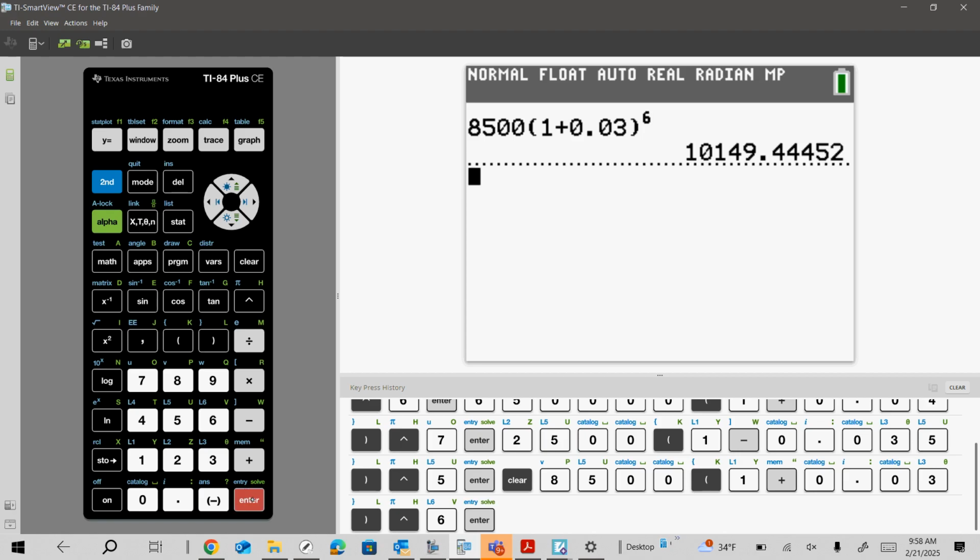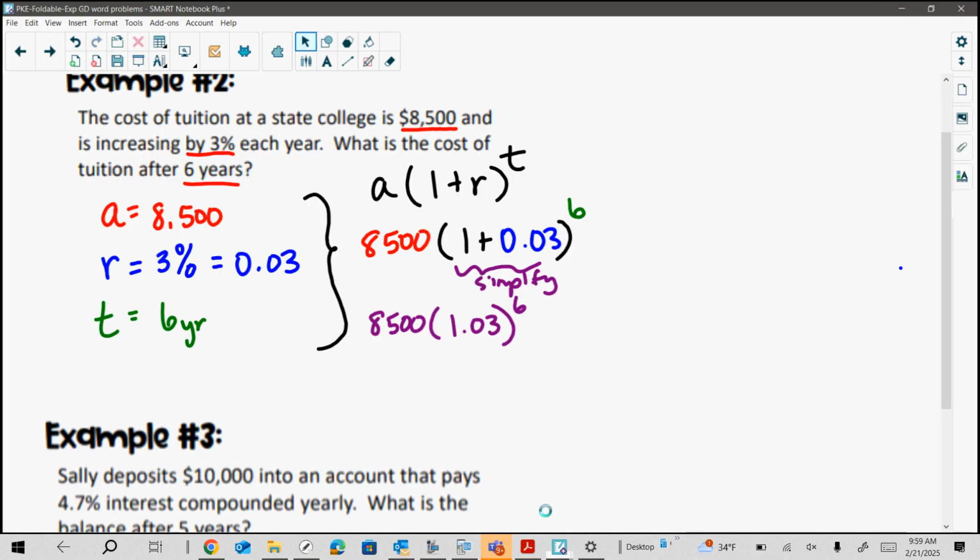Remember, we're talking about costs, tuition costs. So we're talking about money. So what am I writing as my answer here? What's the cost after 6 years? 10,000. Yep. 44 cents.